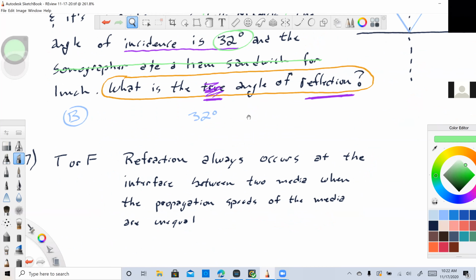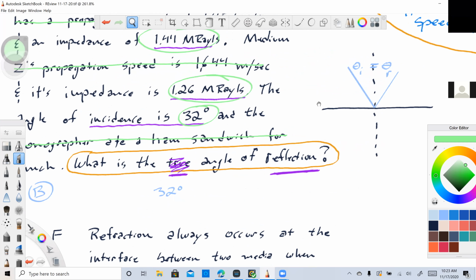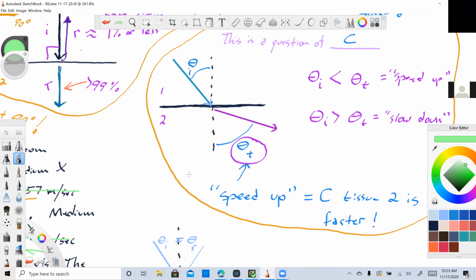Another true false. People are scared of true false questions. Refraction always occurs at the interface between two media when the propagation speeds of the media are unequal. Well, right, yeah. Let's go back to this little picture. The speed of sound is unequal, we have refraction.